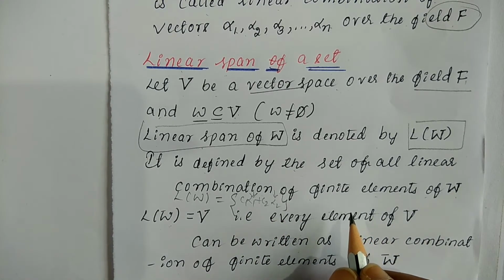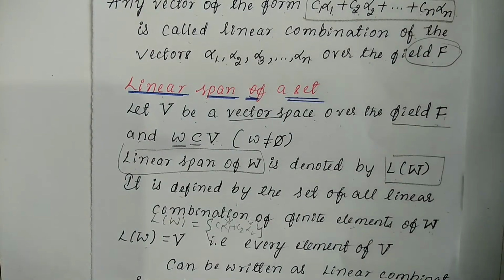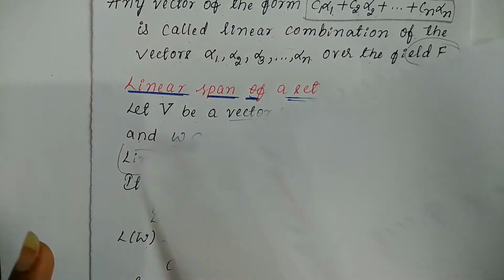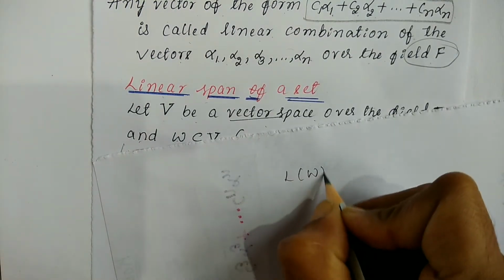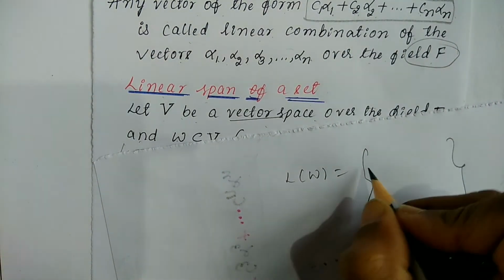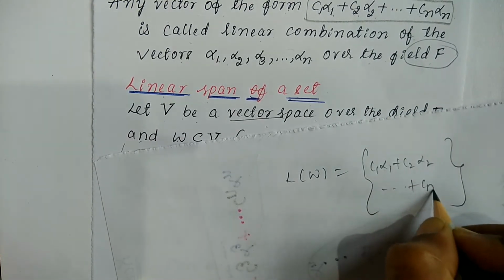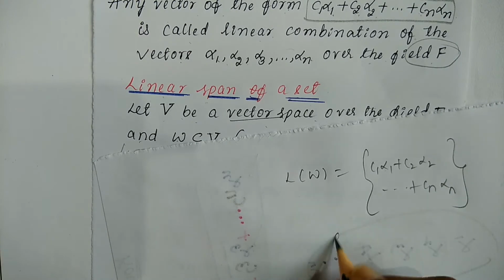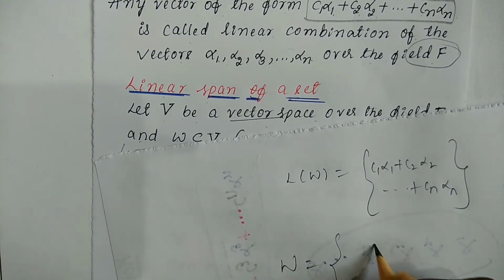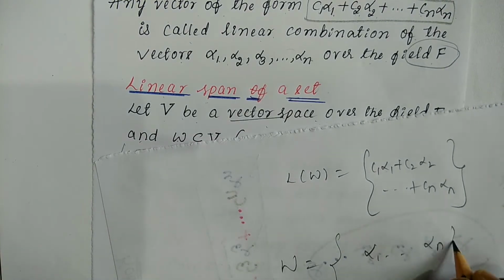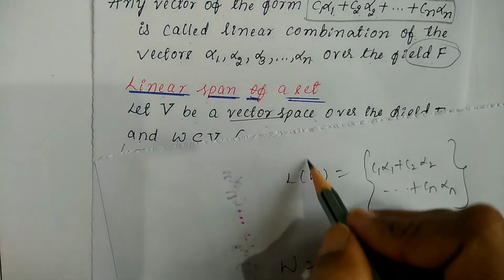So that is the linear span of W. So L of W is nothing but the set of all linear combinations of elements of W. The elements of W are alpha 1 to alpha n. Okay, so that is L of W.